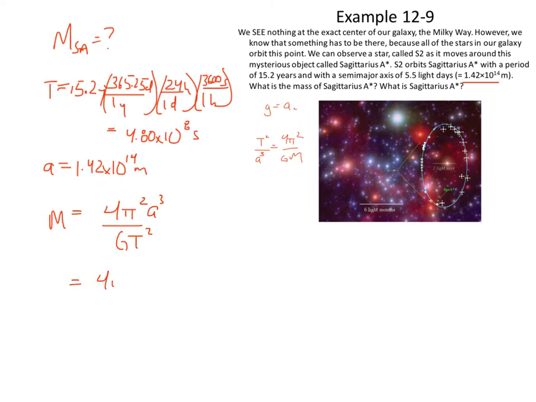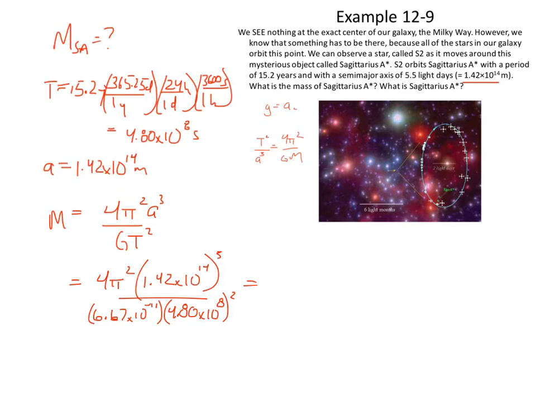So M equals 4 pi squared times A cubed, over G times T squared. That's easy to calculate in our calculator. We have an A of 1.42 times 10 to the 14th meters, and we're going to cube that, so I'm putting it in parentheses. That's cubed, divided by the gravitational constant, 6.67 times 10 to the negative 11th, times our orbital period T, that value squared, so 4.80 times 10 to the 8th, squared.